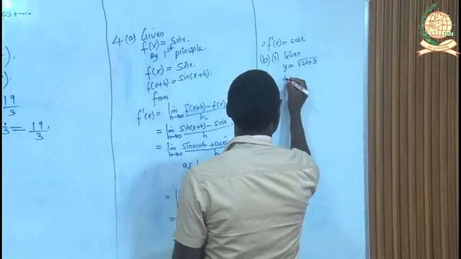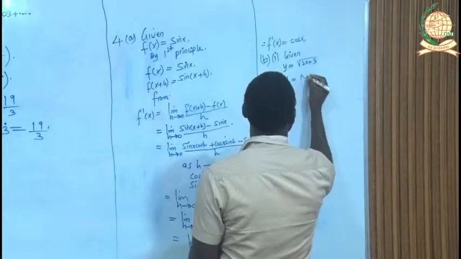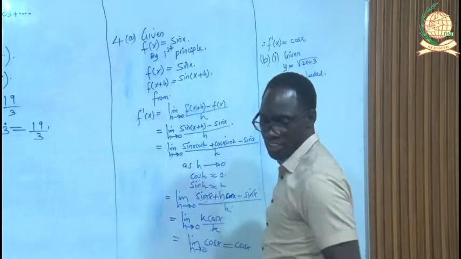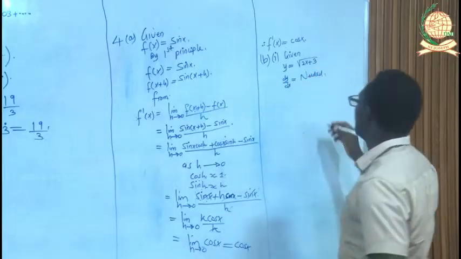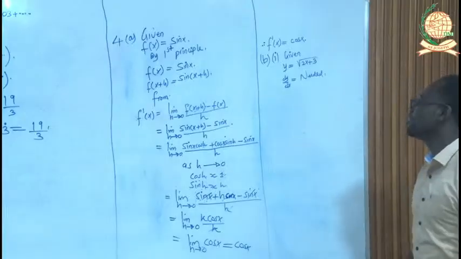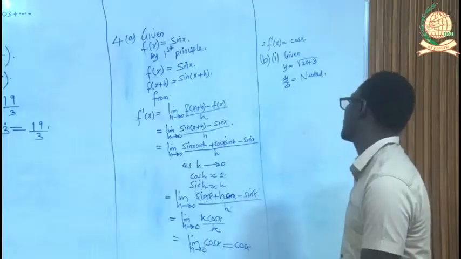Then you are asked to find the derivative of this function, dy over dx. Given the function y equals under root of 2x plus 3, find the first derivative dy over dx.